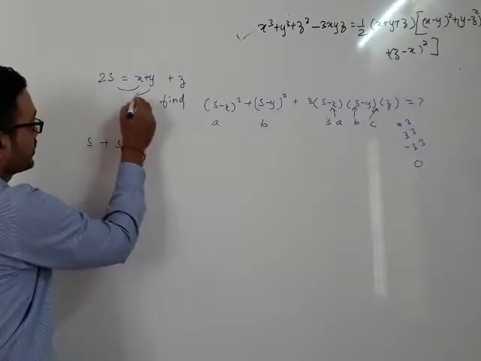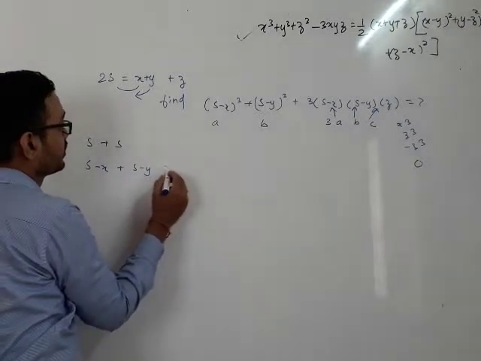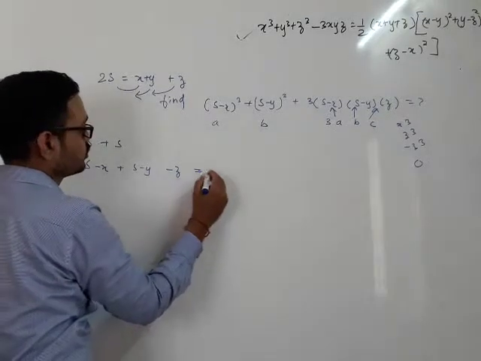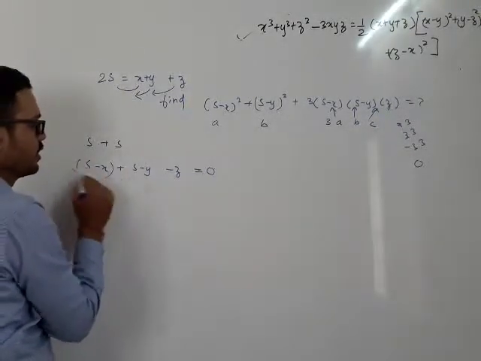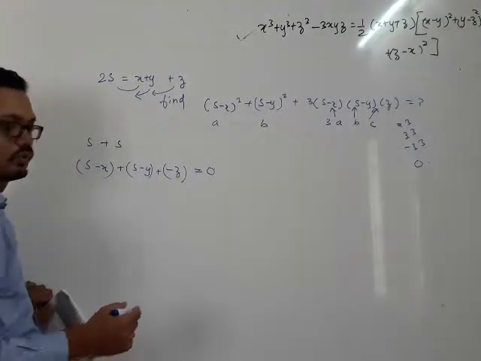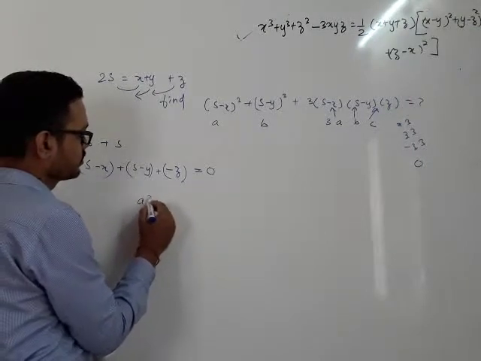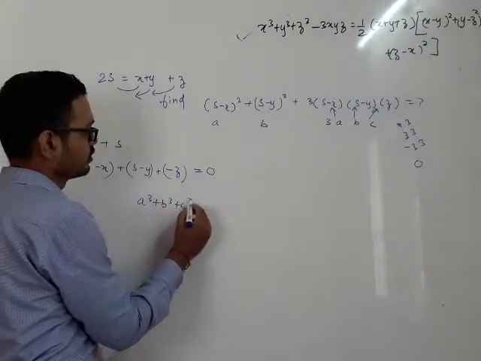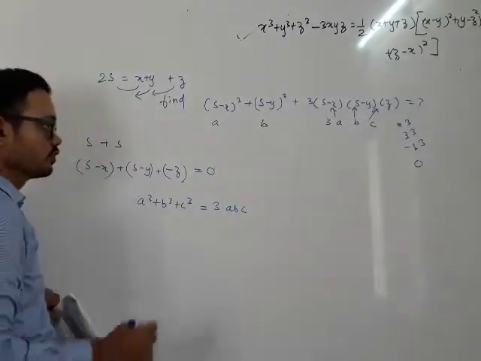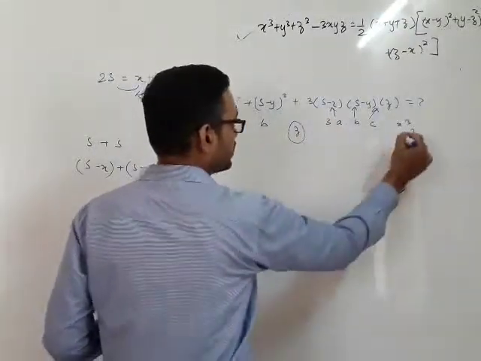Take this on the left hand side, so it will be s minus x plus s minus y, and z will also go there, minus z is 0, which means a plus b plus c is 0. When a plus b plus c is 0, then a cube plus b cube plus c cube becomes 3abc.